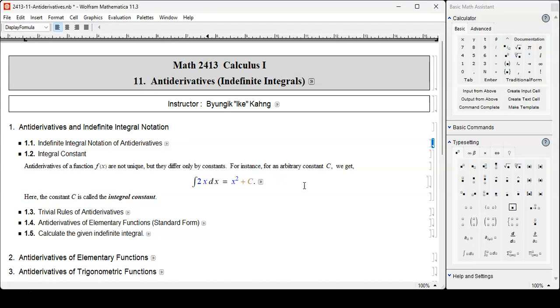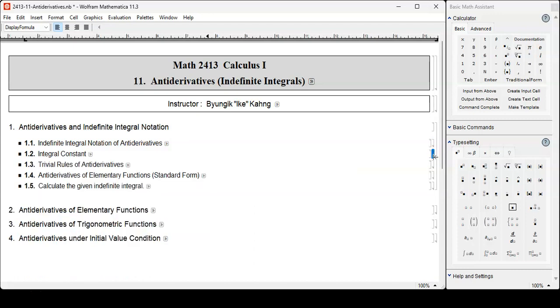Now, of course, if I go over to a little higher level course like differential equations, then of course this plus c does matter. But at this level, not very much. That's just me, as a matter of fact. There are some other instructors who do like to take some points off for this. So it is better to have this plus c all the time.